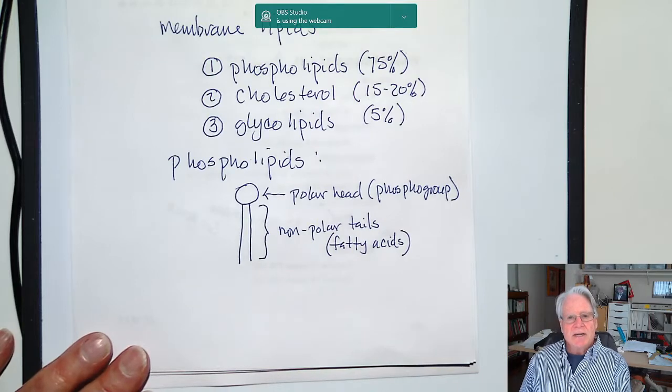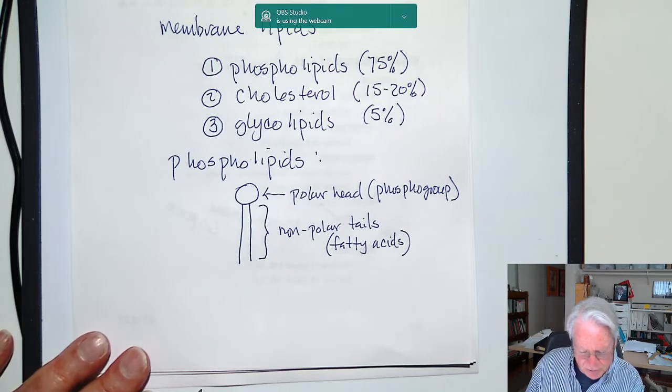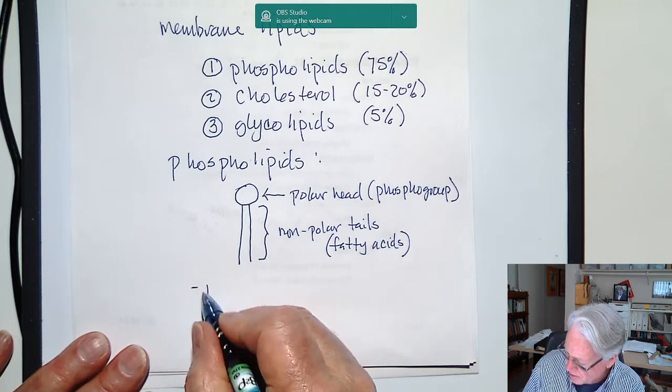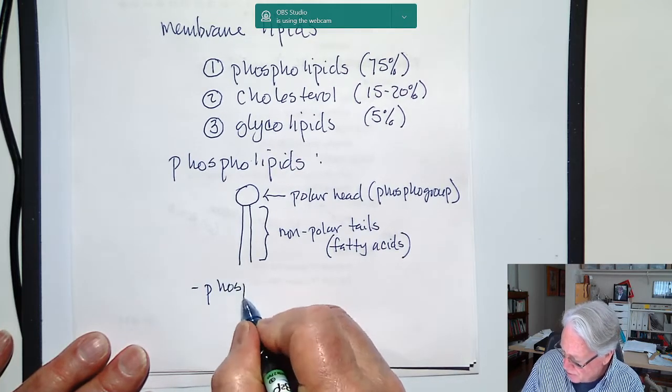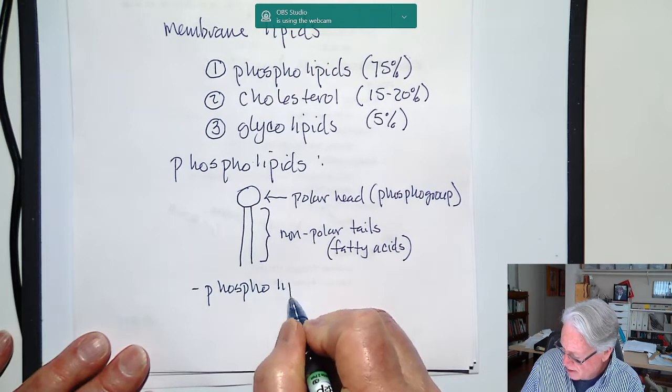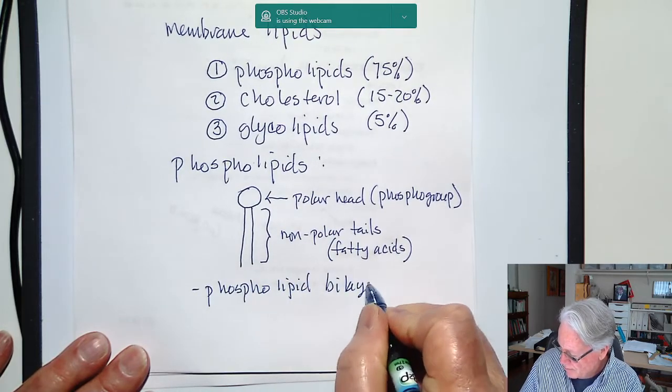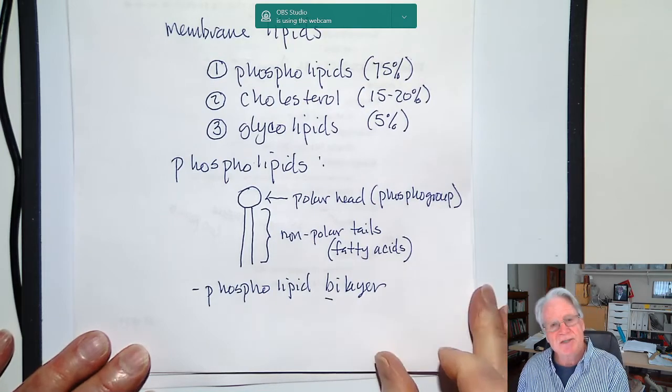And what we're going to do is arrange them in the phospholipid bilayer. We're going to produce what is called a phospholipid bilayer. And of course, bi means two.